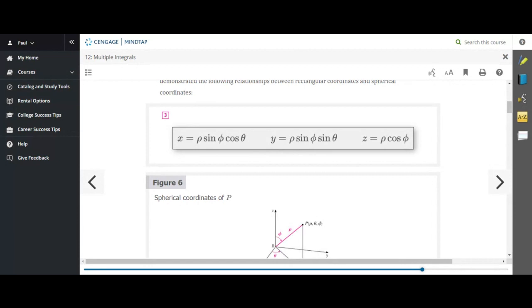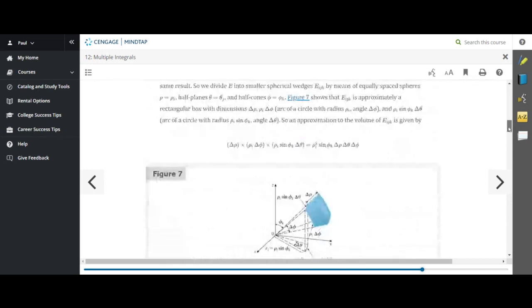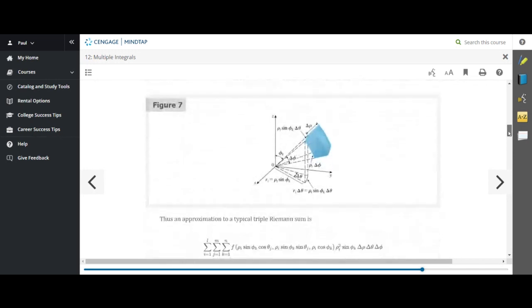And what does an element of volume look like with respect to spherical coordinates? They prove it here. In figure 7, they actually prove what a unit of volume would be in spherical coordinates. In the interest of time, for now, I just want to go right to the formula.